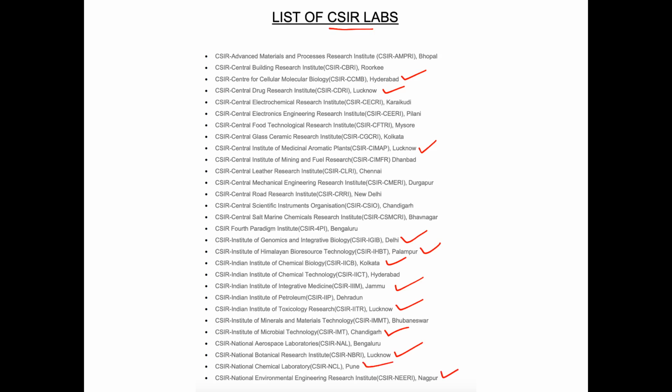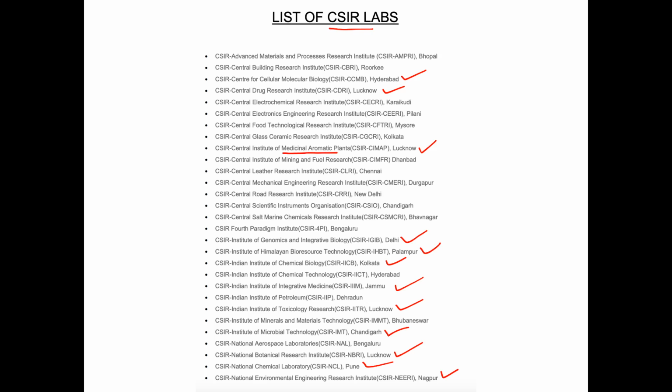So depending on the area of research, every research institute is dedicated to a particular field. Got it? If you want to pursue your research in the field of genetics, biotechnology, or genetic engineering, you can apply for IGIB. But if you are interested in medicinal plants, then you can apply for the Institute of Medicinal and Aromatic Plants, and so on.